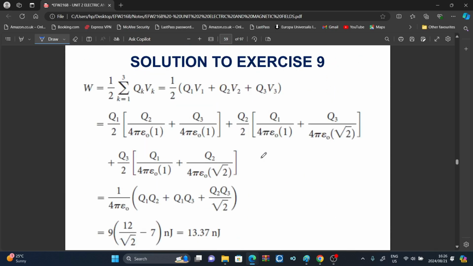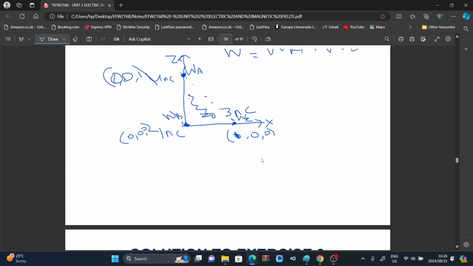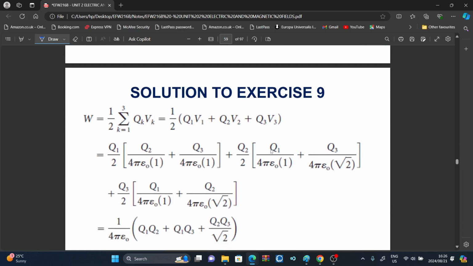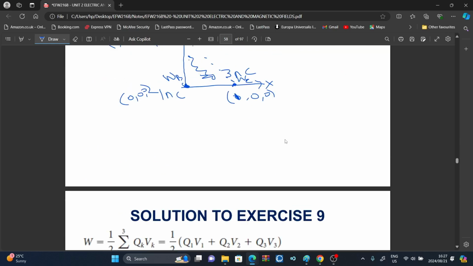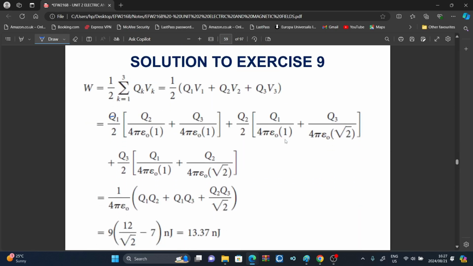As you can see, this is what they did. This one I believe is Q1, Q2. You can just check either, but it's more or less the same thing. If you calculate this, in this case Q1 is -1 nanocoulomb.